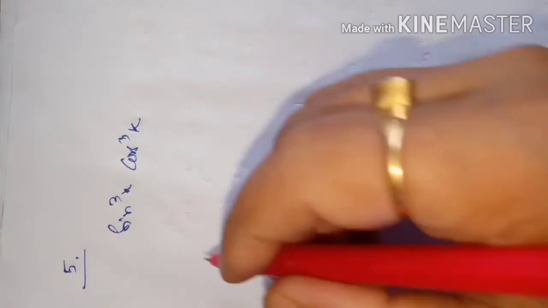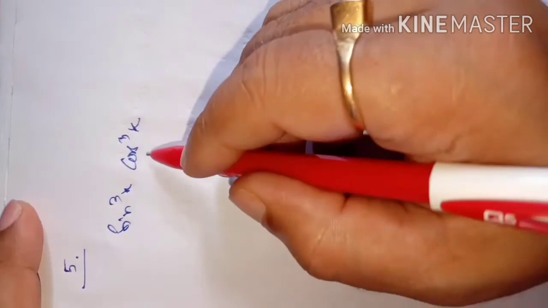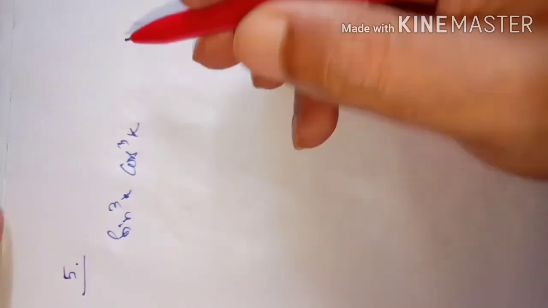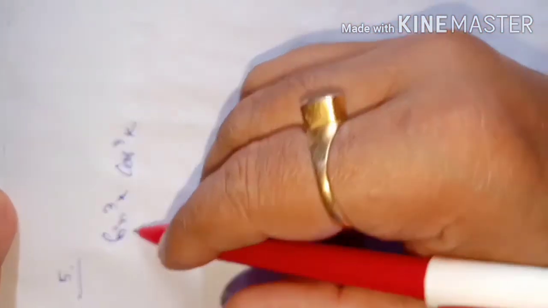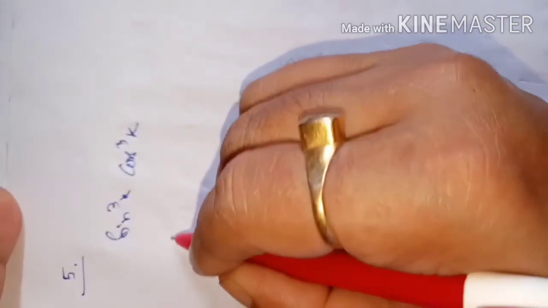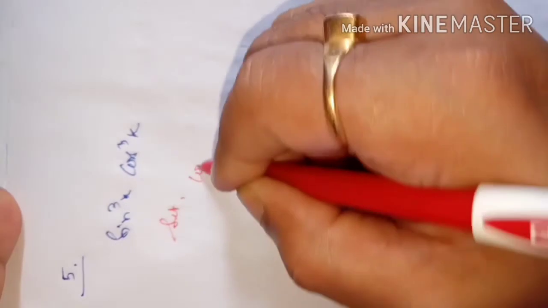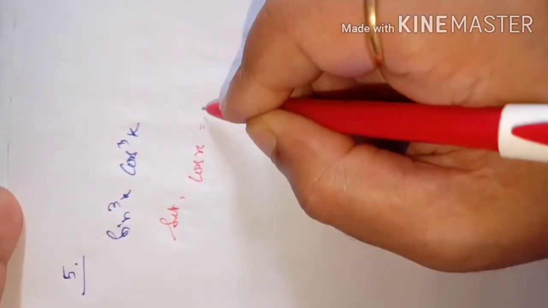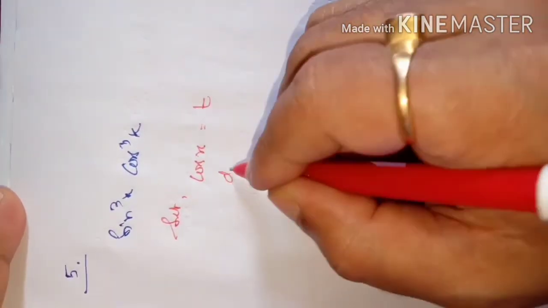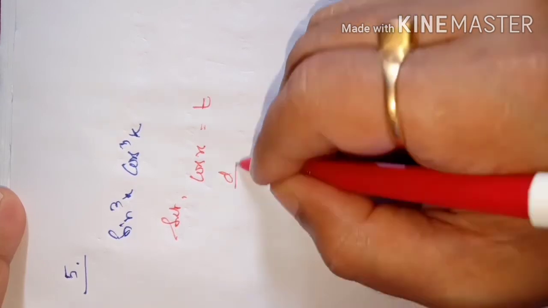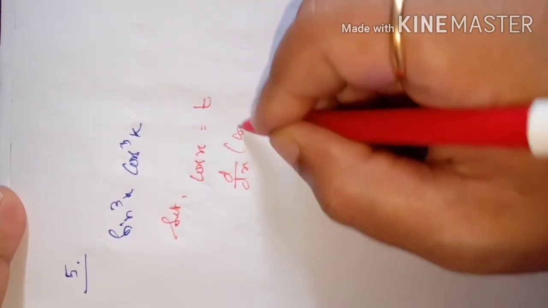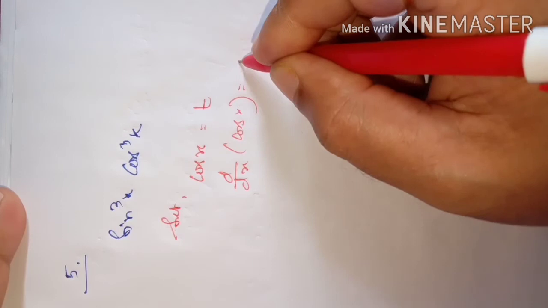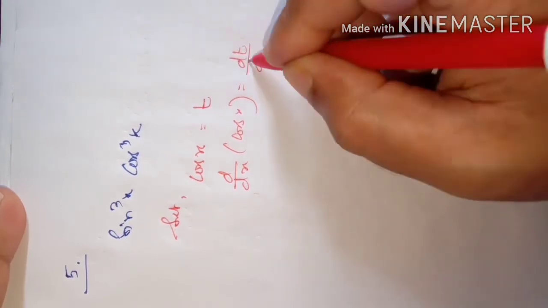Suppose I consider cos x as t. Then d by dx of cos x is equal to dt by dx.